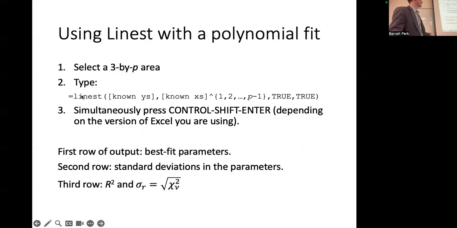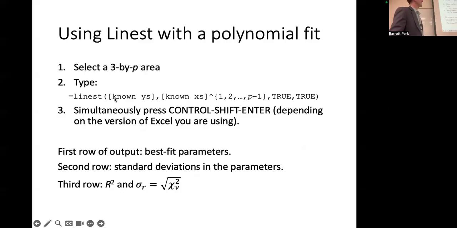So in order to make this work, I think in the recent versions of Excel, you don't actually have to select a 3 by P area. You can just select one cell and type this formula and hit enter. It should work.